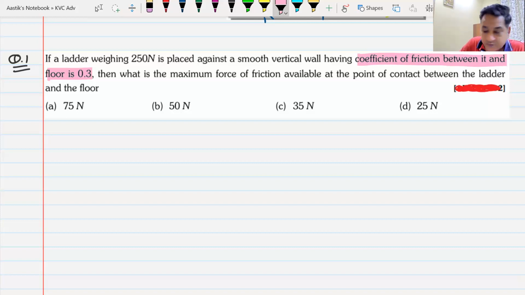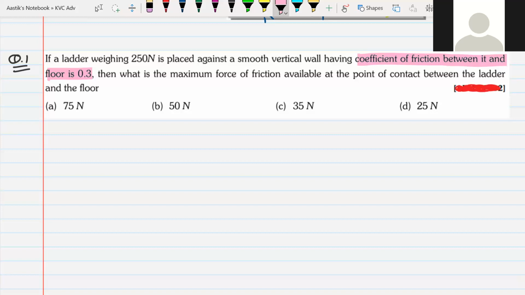I'll give you 1 minute. Give me the answer fast. 75 Newton, sir. How did you get the answer? Sir, the maximum force of friction is at F limiting. Right. And here the coefficient of friction is mu s.